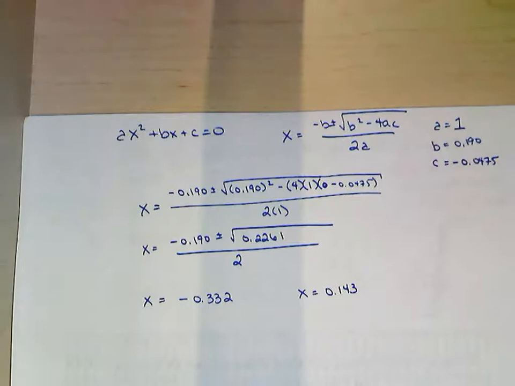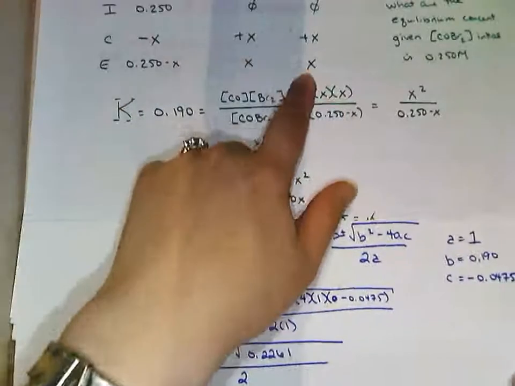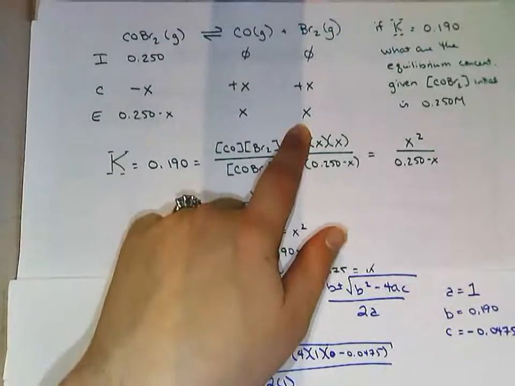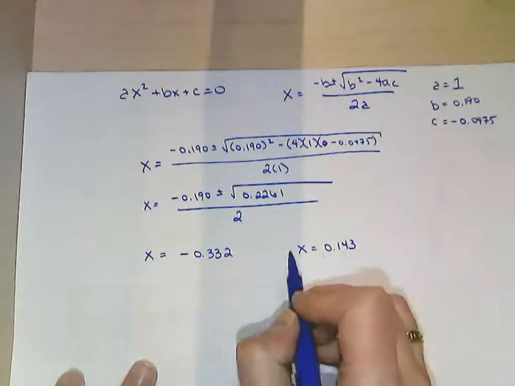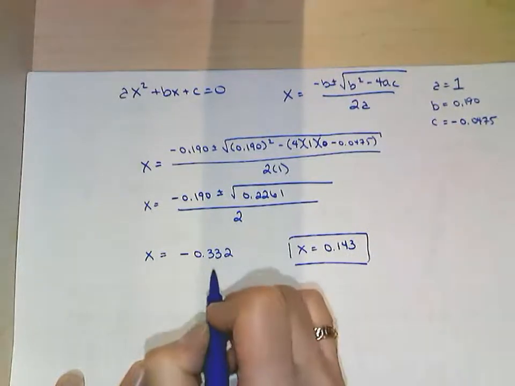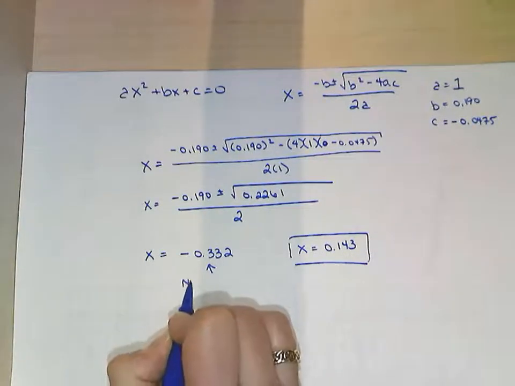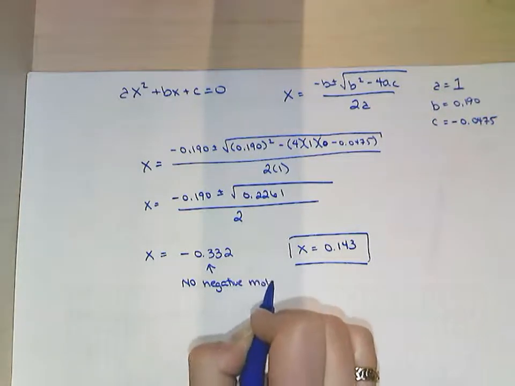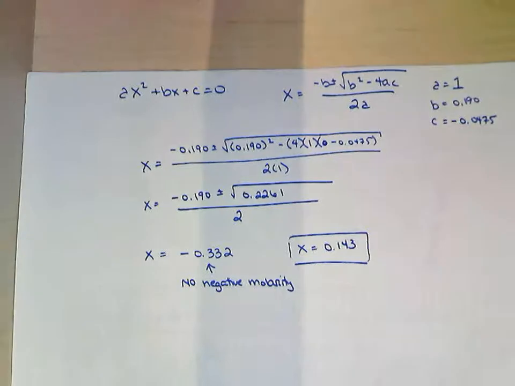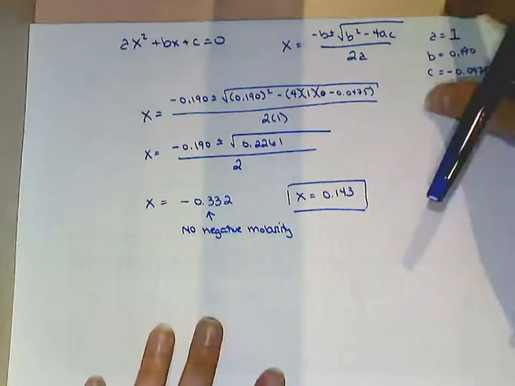Now, let's think about what x was supposed to be. X is a concentration, which means it's a molarity, which means the only reasonable answer is this one, because we can't have a negative molarity. So we're not done. We need to figure out what the equilibrium concentrations were.